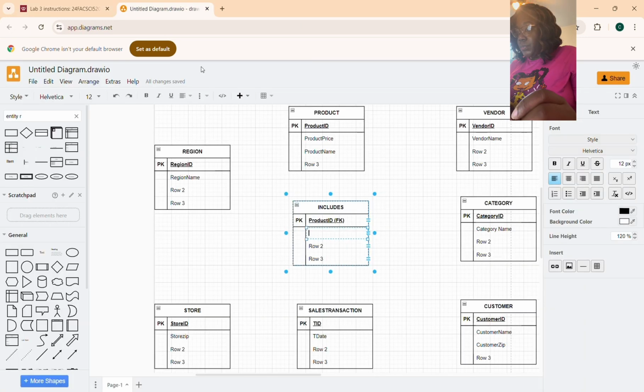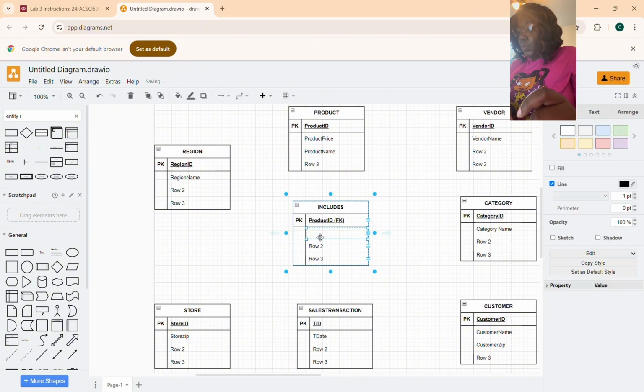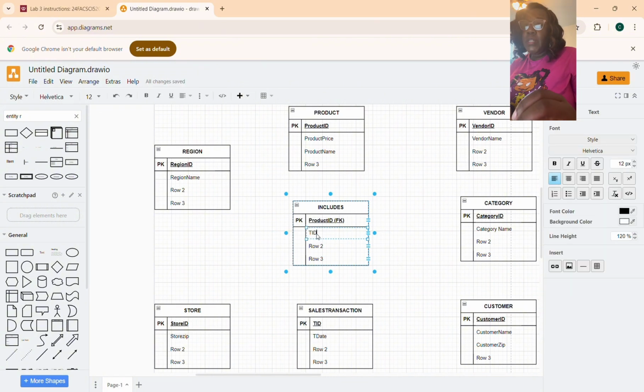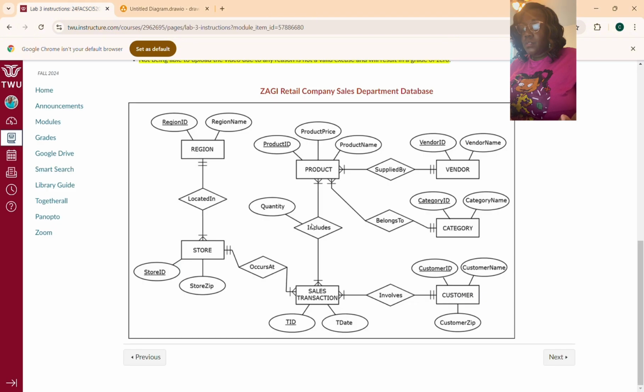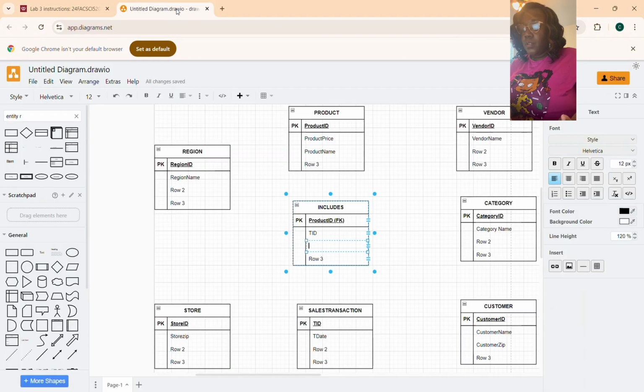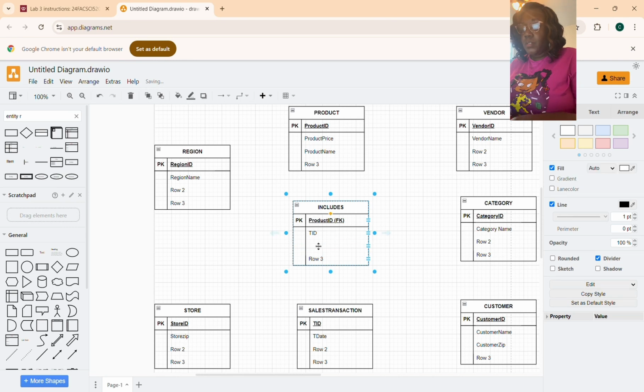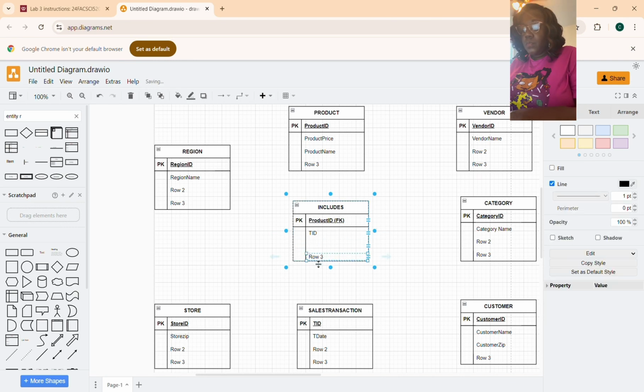But also, when we go back and look at includes, it has its own attribute, which is quantity. So we're also going to add quantity. We're trying to fix this.